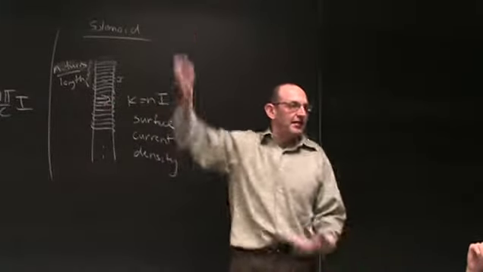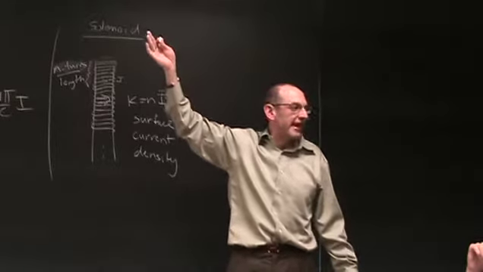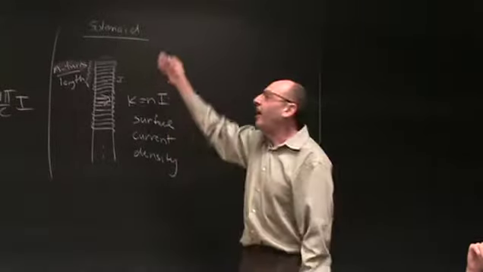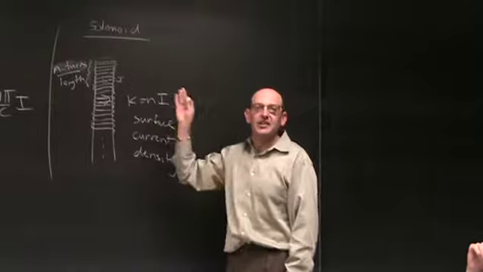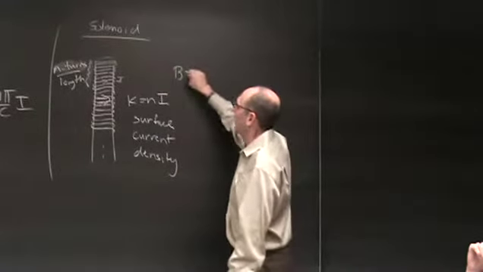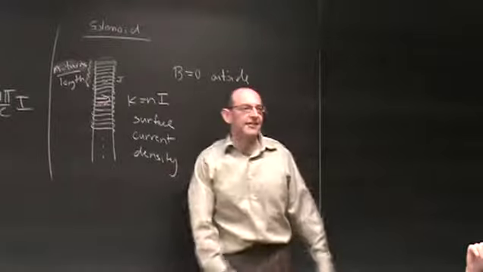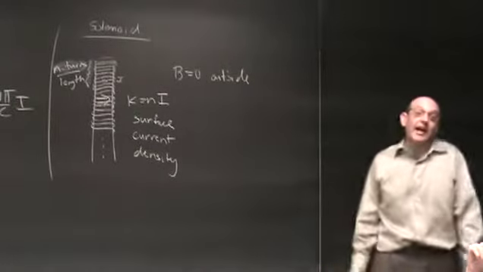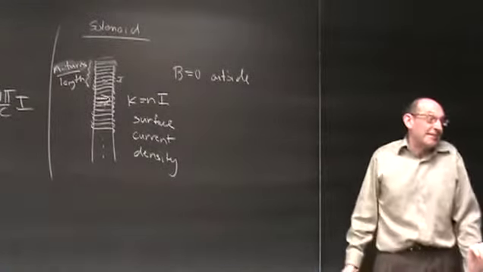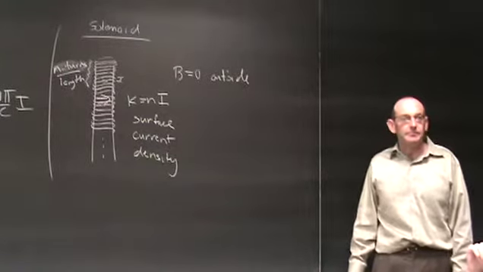There's nothing to tell me. It's infinitely long. It always looks the same. And since it falls off in some way, the only solution is that B is 0 outside the solenoid. That's the only possible solution consistent with the magnetic field falling off some way and being constant. It's got to be 0 everywhere outside.